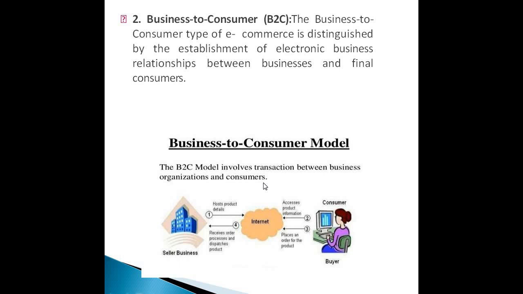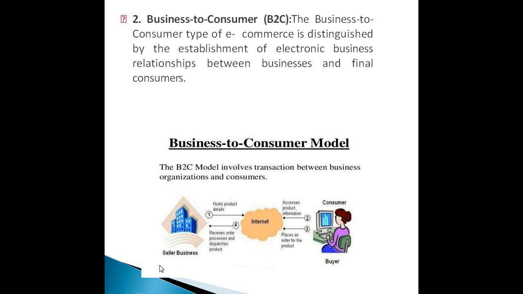Second is business to customer. The business to customer type of e-commerce is distinguished by the establishment of electronic business relationships between businesses and final consumers. So here is the example. You can see how B2C involves transactions between a business organization and its consumers.